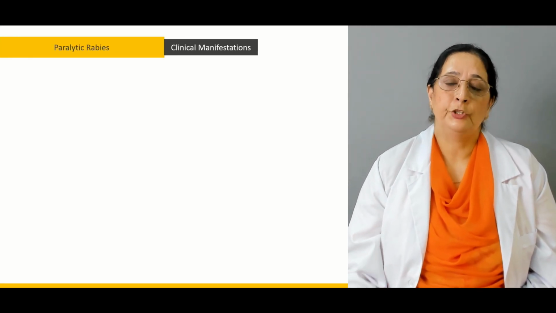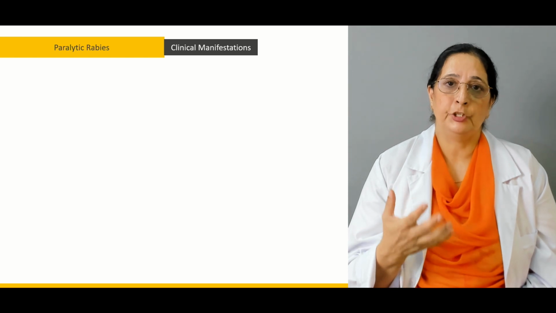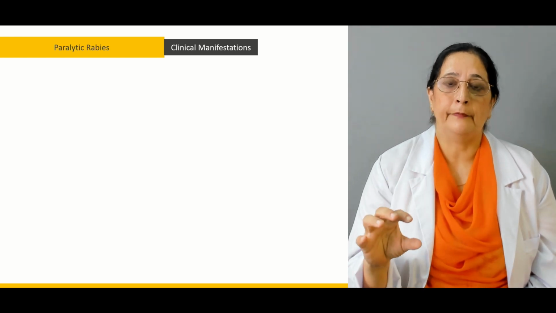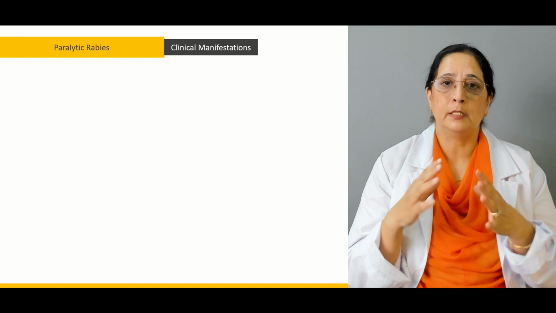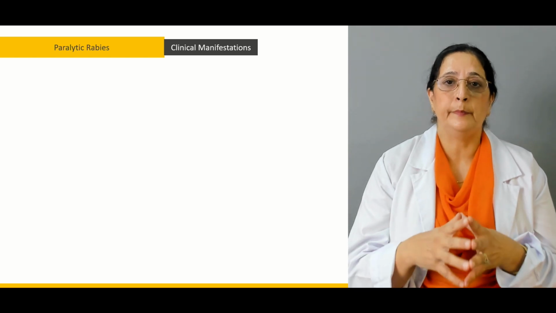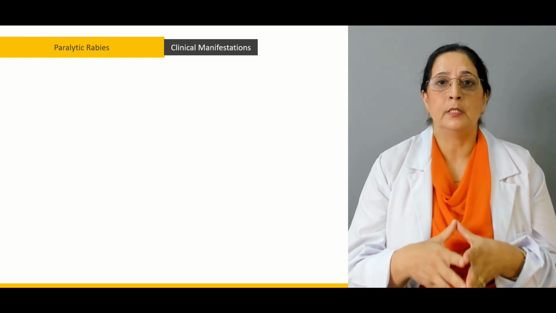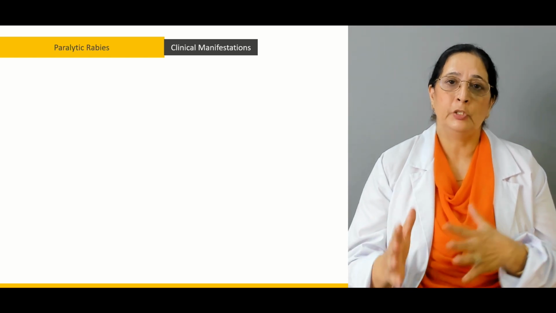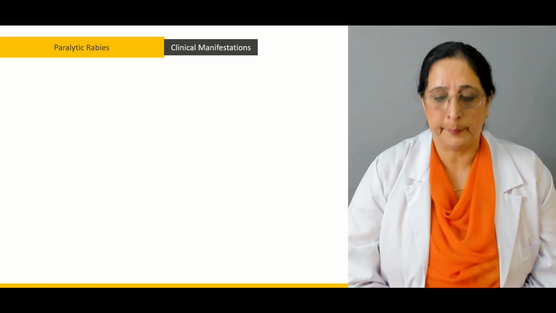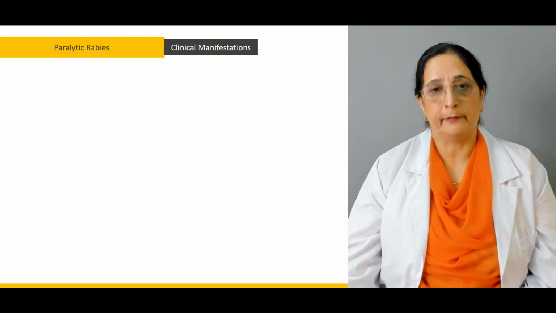Another type, which is only 20%, since I mentioned that 80% is encephalitic rabies, because the main involvement in rabies is of the brain tissue, where brain neurons are damaged. The other type, only 20% of rabies, is paralytic rabies.